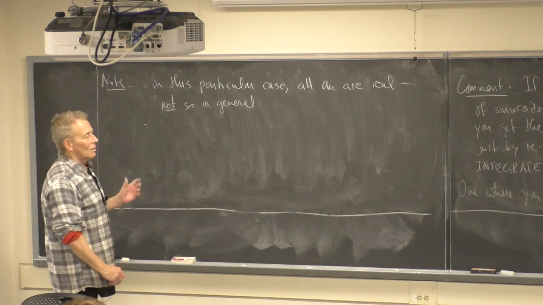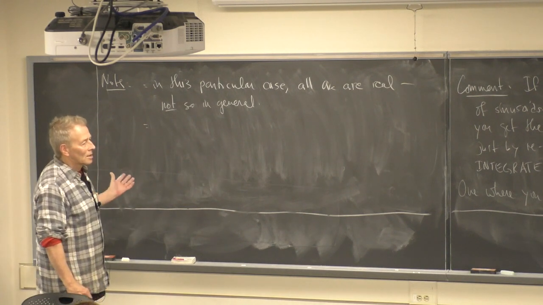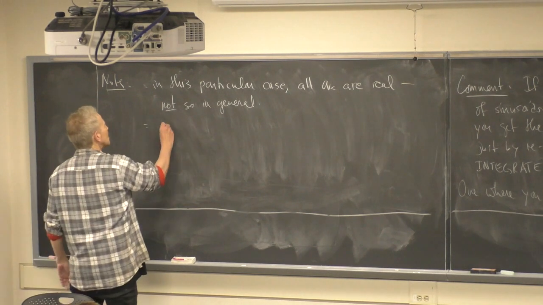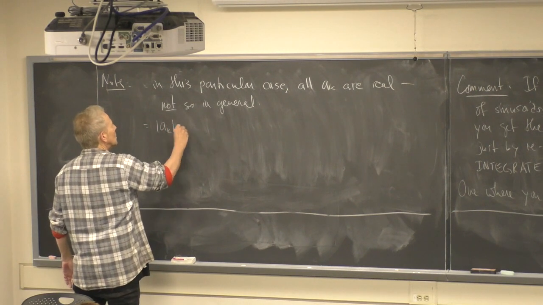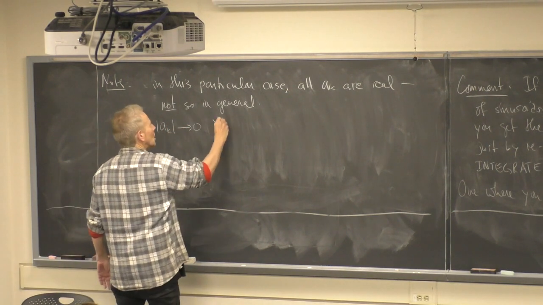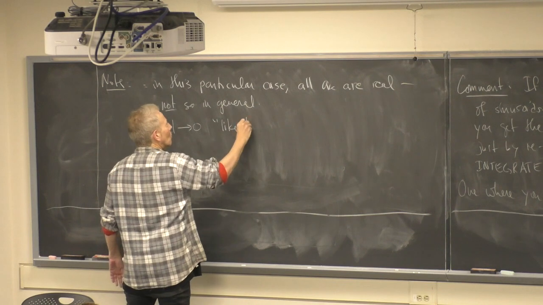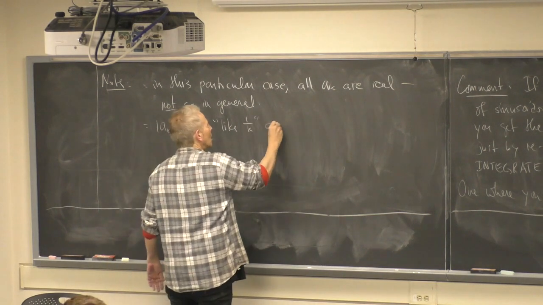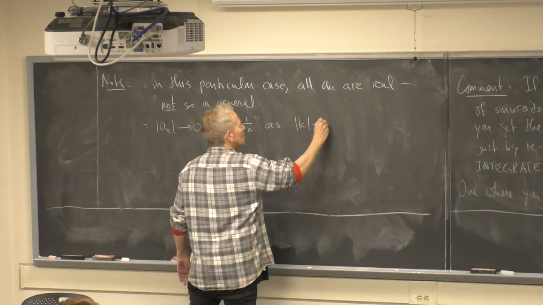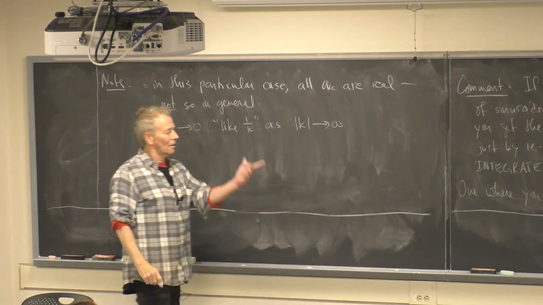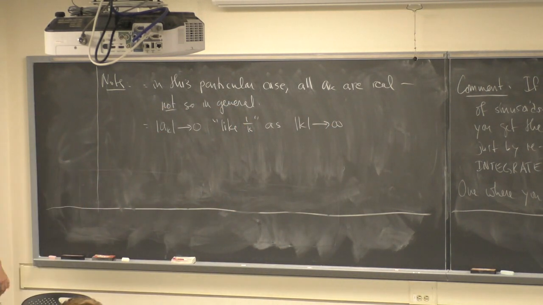Another thing, what is the rate of decay as k goes to infinity? The AKs go to 0, quote unquote, like 1 over k as k goes to plus or minus infinity. And that's pretty clear from the formula.